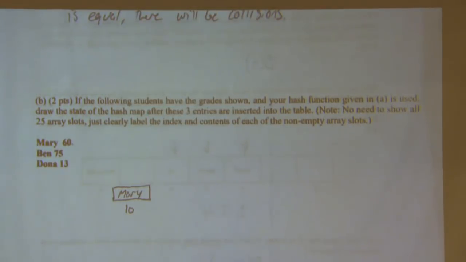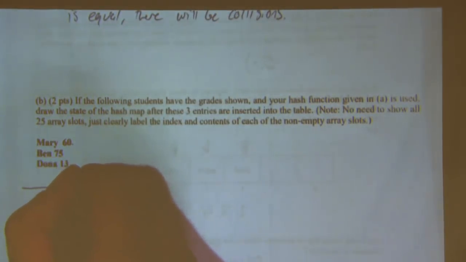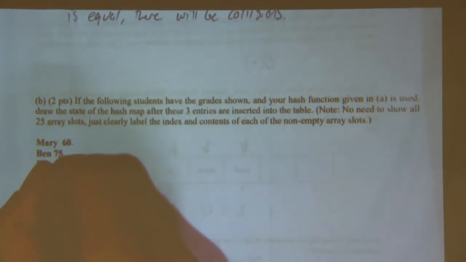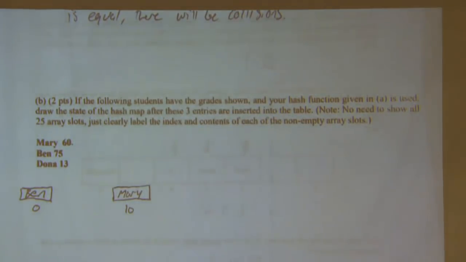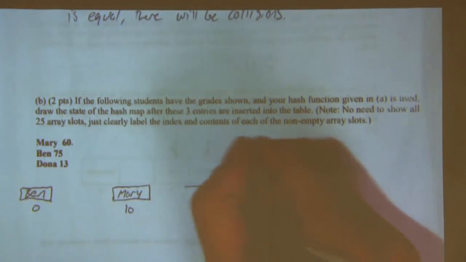And then Ben, so 75 mod 25 is equal to 0, and so that gets put in position 0. And then Donna, 13 mod 25 is just equal to 13.